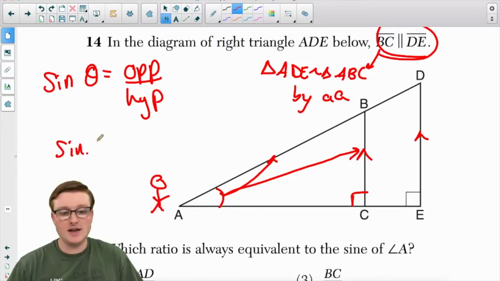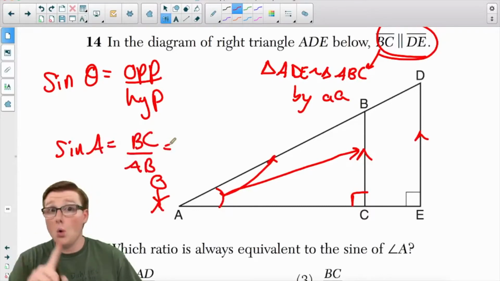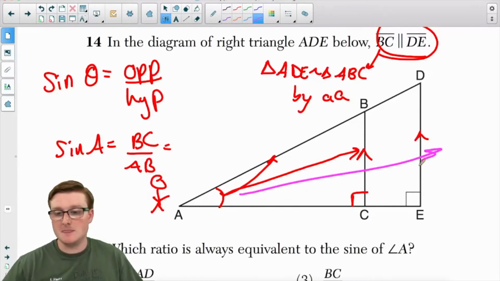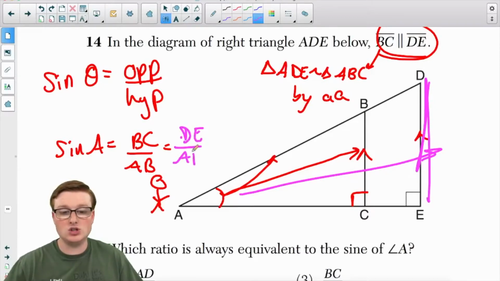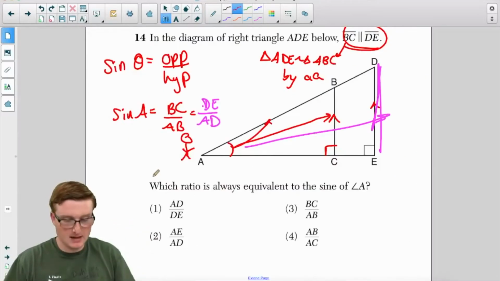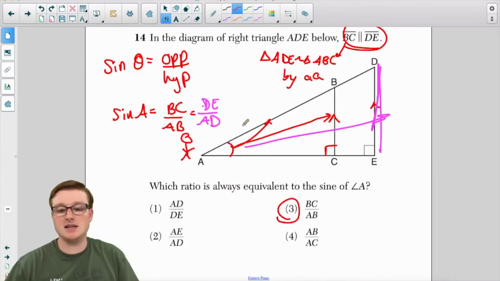So the sine of A could equal BC over AB, or it could equal the bigger triangle, which is going to be DE over AD. So it could be any one of these two. And if we look at our answer choices, the only one that would work would probably be choice 3, because BC and AB shows opposite over the hypotenuse.